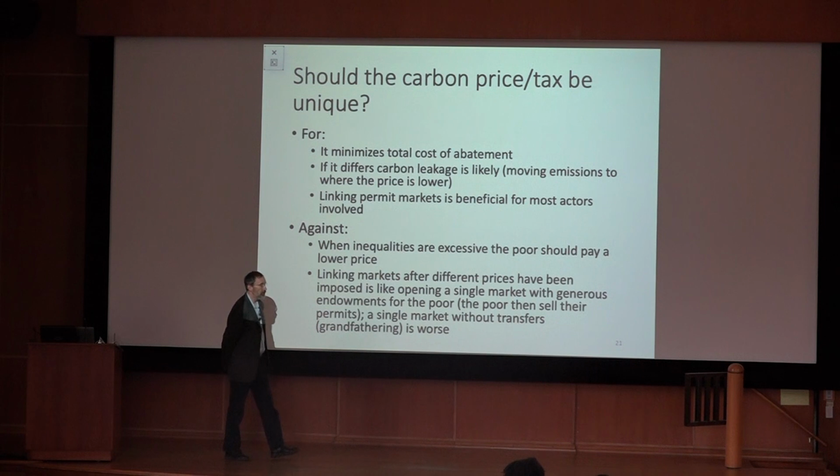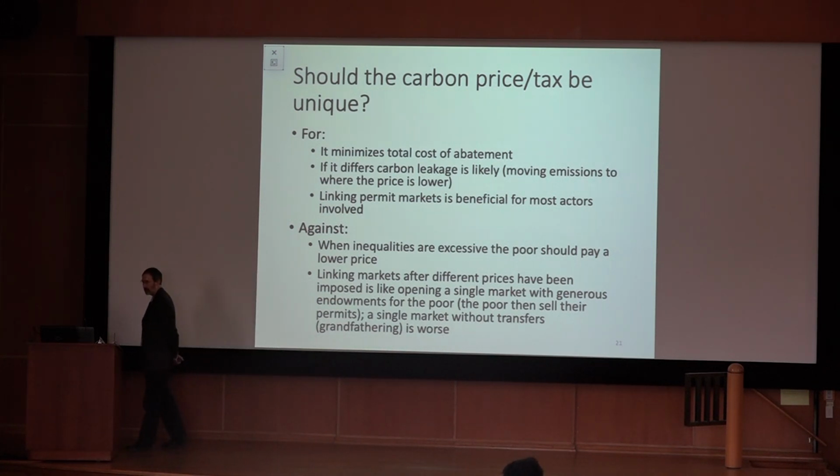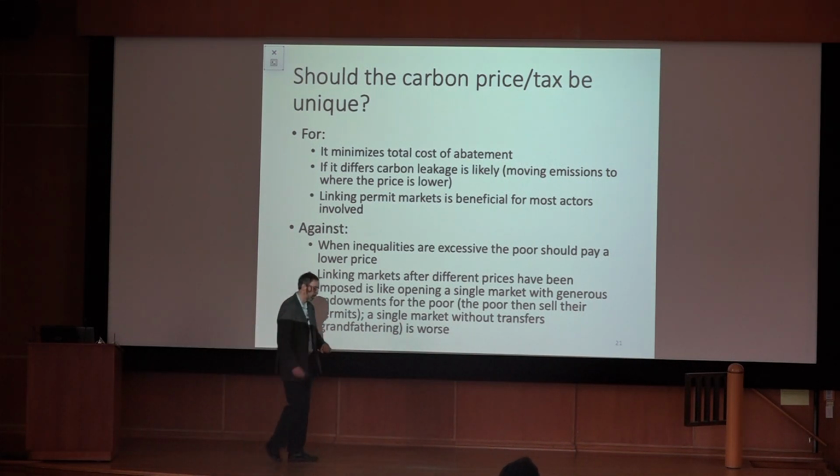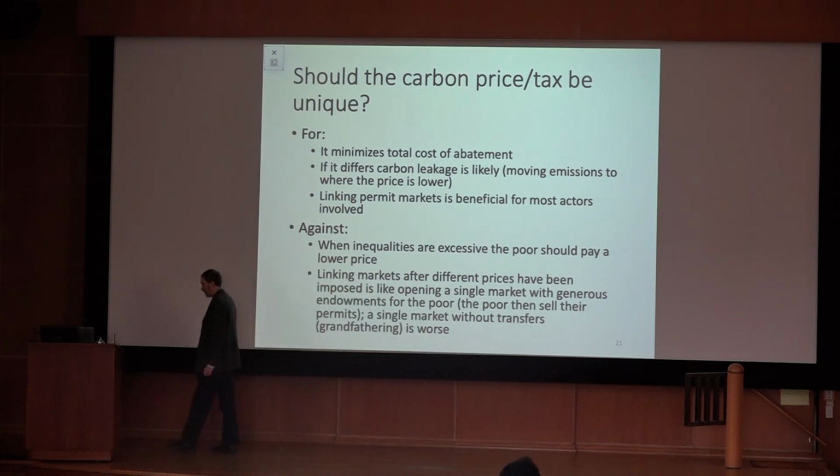Another interesting issue here, which is a matter of debate between serious people, is whether we should have a unique carbon price or unique carbon tax, or whether we should have something that's specialized for different regions of the world. Should the emerging and the developing countries, for instance, have a lower price? So here you have arguments for and against a unique carbon price.